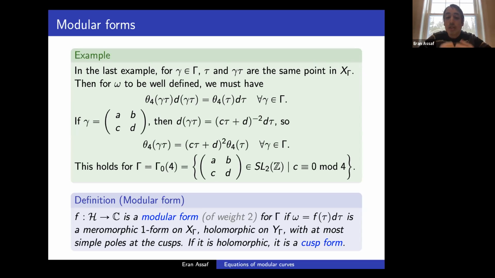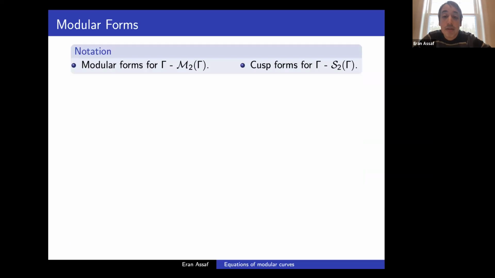So in the example that we just saw, this omega, which came from theta 4, is a modular form for the group gamma 0 of 4. In general, we denote by M2 of gamma the space of modular forms for gamma, and by S2 of gamma the space of cusp forms, the holomorphic differentials.